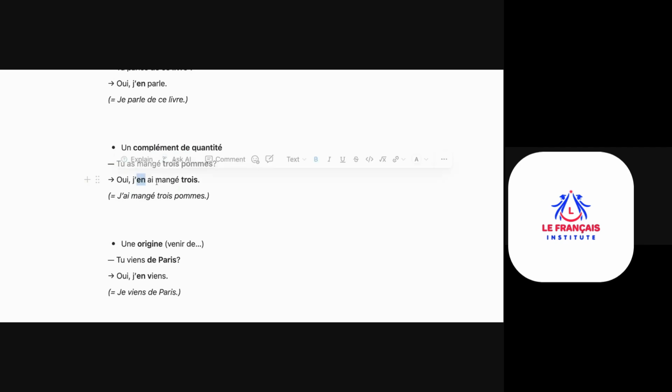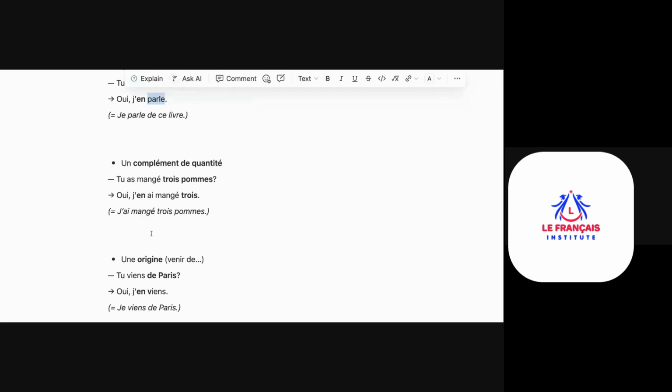Oui, j'en ai mangé 3. Instead of oui, j'ai mangé 3 pommes. We take this quantity of apples, we replace it using en. J'en ai mangé 3. In every case, en is placed before the verb. Making sense? Yes.